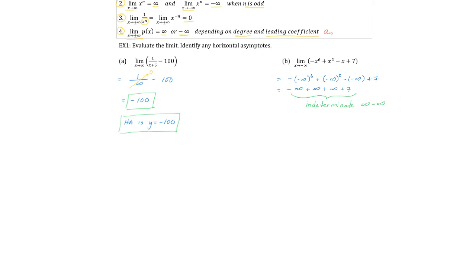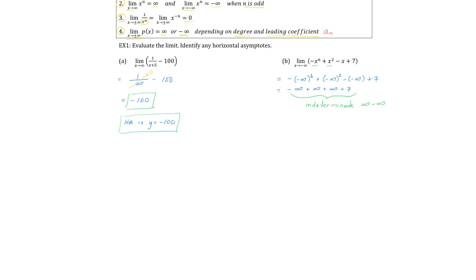And that we don't know what that is. It's not 0 because these terms are growing at a different rate. So we have to be careful with that. What we're going to do is a technique that we often use in calculus. We create fractions if we get an indeterminate form.